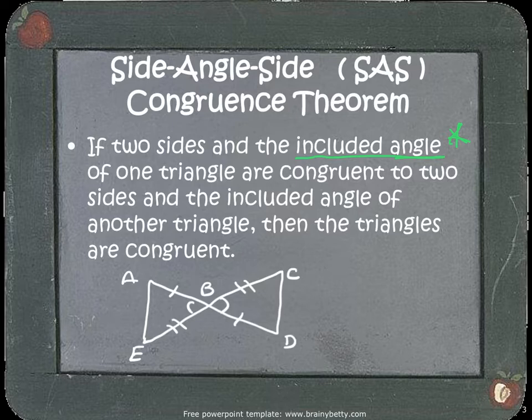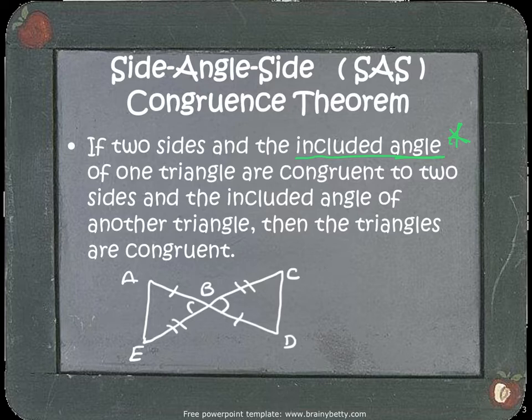Instead of showing all 3 sides are congruent and all 3 angles, now I can get away with just finding 3 pieces of congruent information to prove my triangles congruent. However, they've got to be specific sides and specific angles that have the congruency marks. So here we can match it with 2 sides and the included angle.